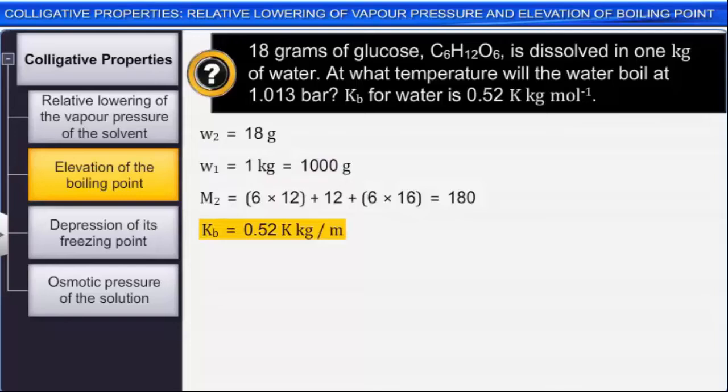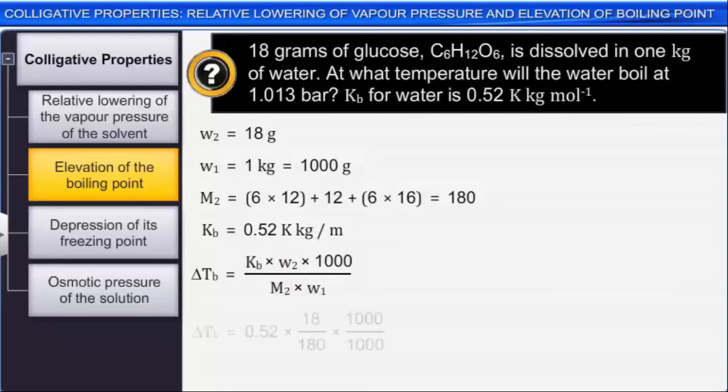As we have to find the boiling point of the solution, we need to find the elevation in the boiling point. Substituting the values in the expression for ΔTb is equal to Kb multiplied by W2 multiplied by 1000 divided by M2 multiplied by W1, and on solving, we get ΔTb is equal to 0.052 Kelvin.